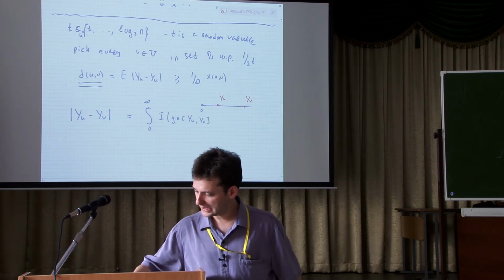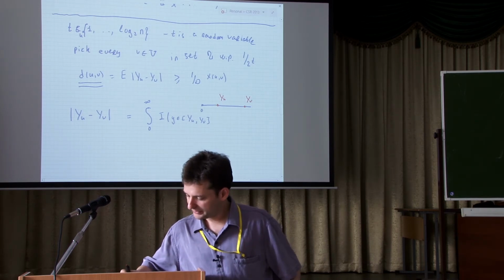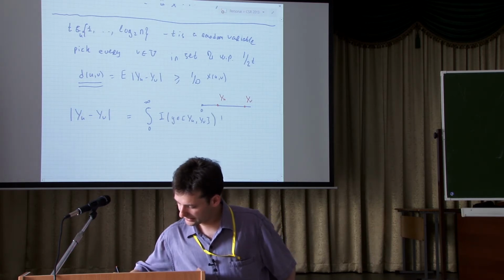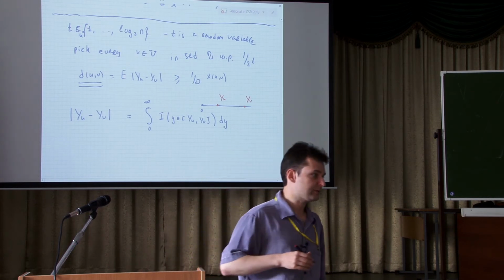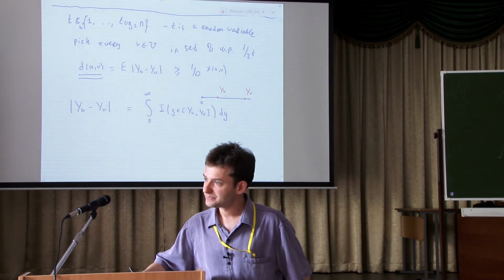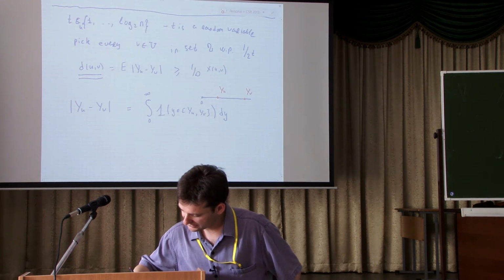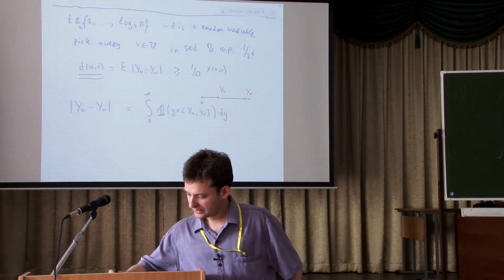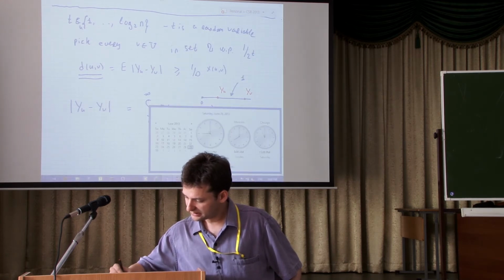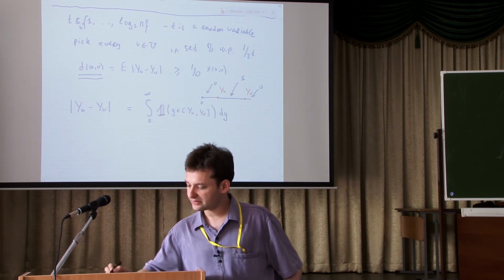We don't really know whether yu is greater than yv, so I'll treat this interval as the interval between these two values, no matter which is greater, and I have dy. This is just an indicator variable. Here it's 1, and here it's 0, and here it's 0. So far it's a trivial statement.